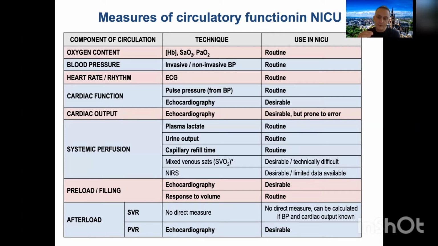If it's very low, that may lead you to think about whether this patient is vasodilated and has a low systemic vascular resistance, or perhaps needs some volume as well. In the right heart, the afterload is pulmonary vascular resistance, and that's something we can measure echocardiographically by assessing pulmonary artery pressure. I'm not going to talk about that in this talk because it needs more time on its own.